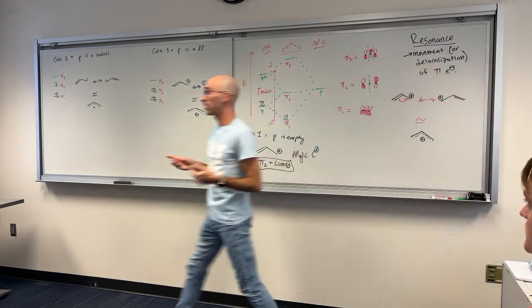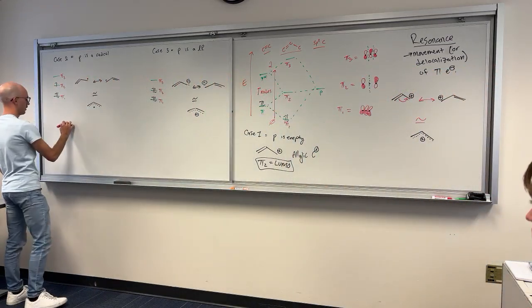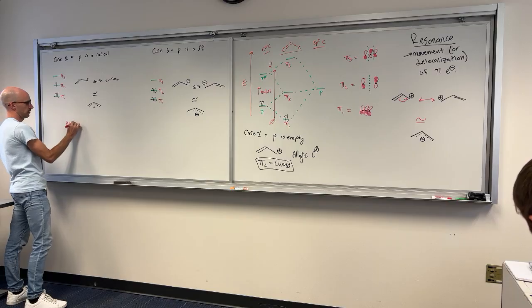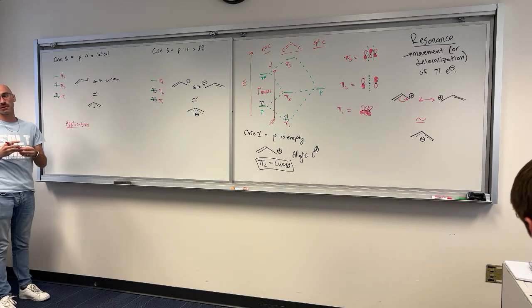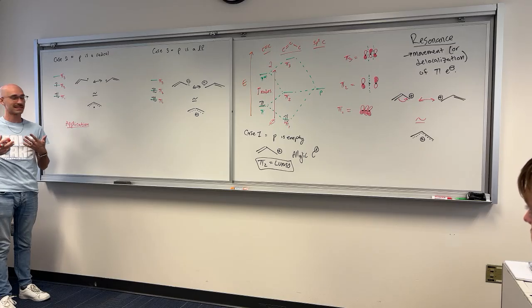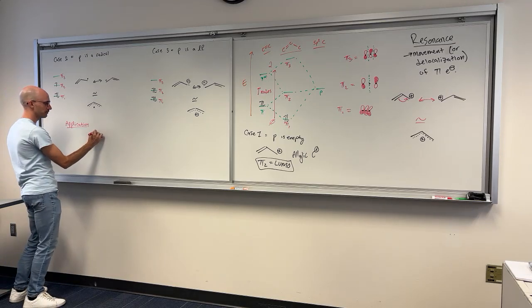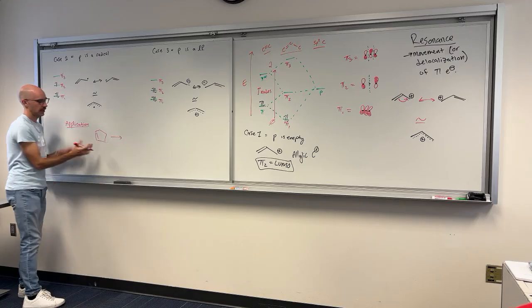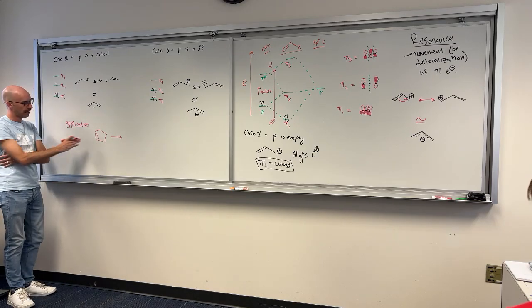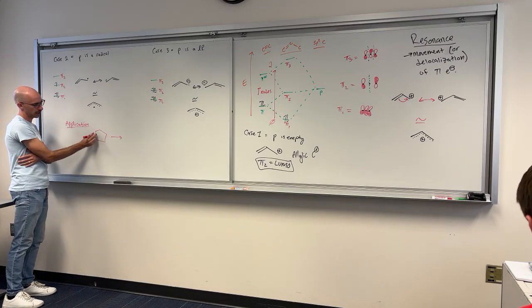Now the application of this. Those of you that were in my summer class, and maybe those of you that were even in my spring class, you might not have really seen the answer here. If you take an alkene molecule, and I'm actually gonna do something here.